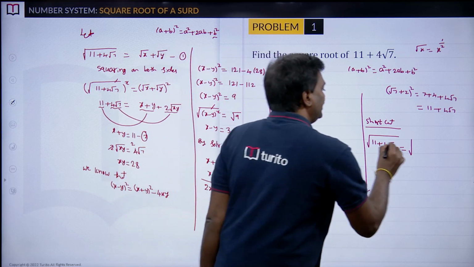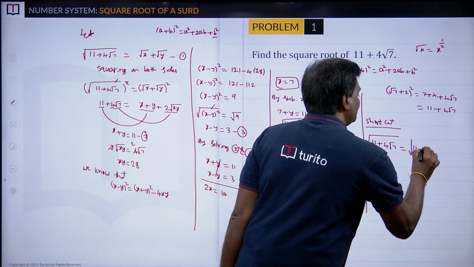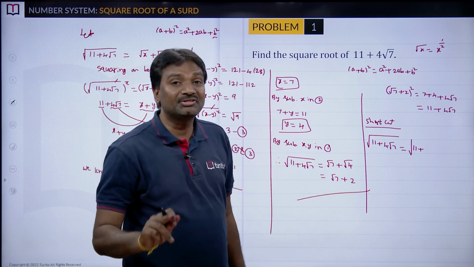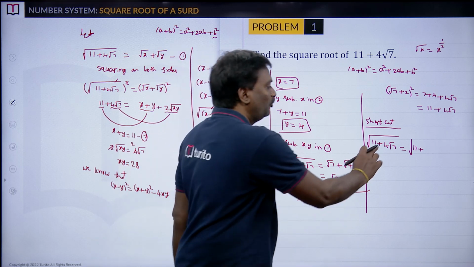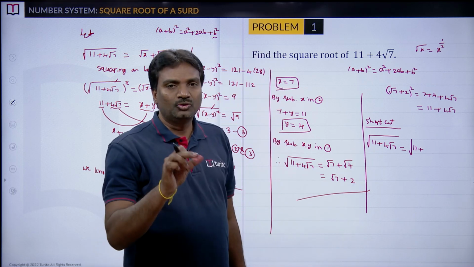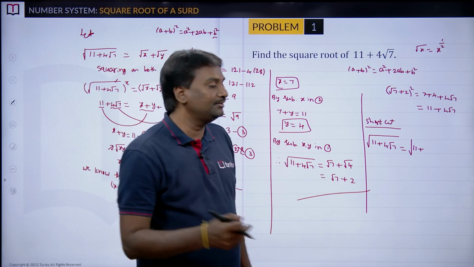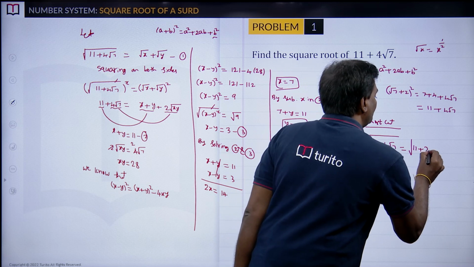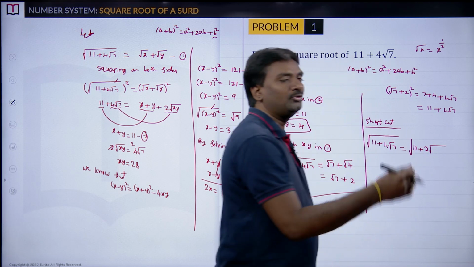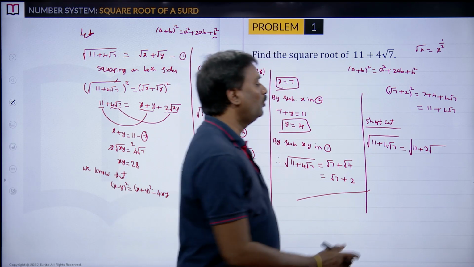So here we can write 11 plus, 4 as 2 into 2. Keep one 2 outside the square root and write the other 2 under the square root. By taking 2 under the square root, that should be 4, 4 into 7.